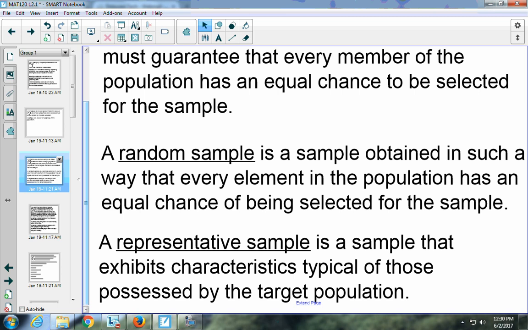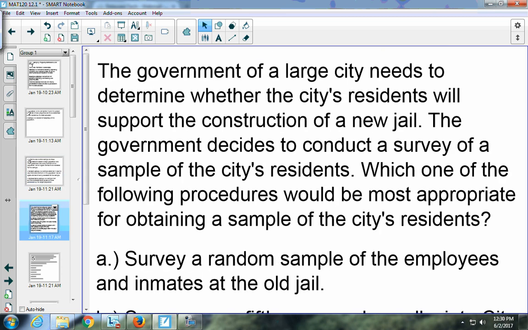We are going to look at an example to determine the best way to obtain a sample. The government of a large city needs to determine whether the residents will support the construction of a new jail. The government decides to conduct a survey of a sample of the city's residents. Which one of the following procedures would be the most appropriate for obtaining a sample of the city's residents?